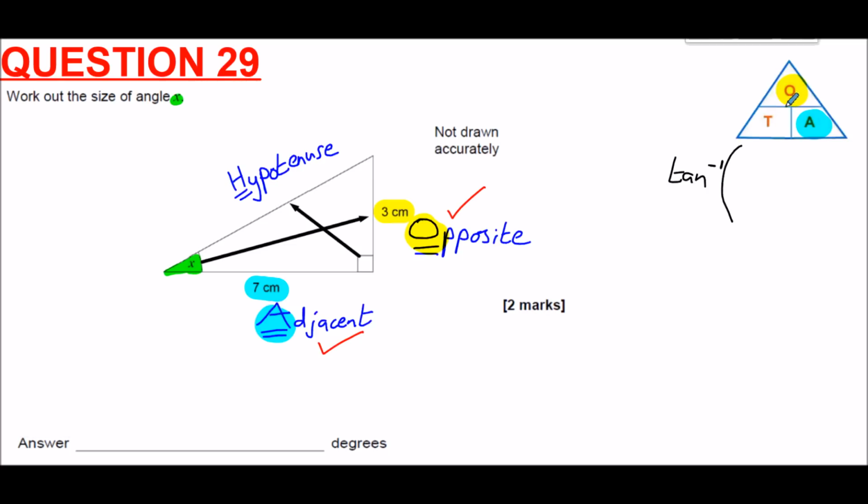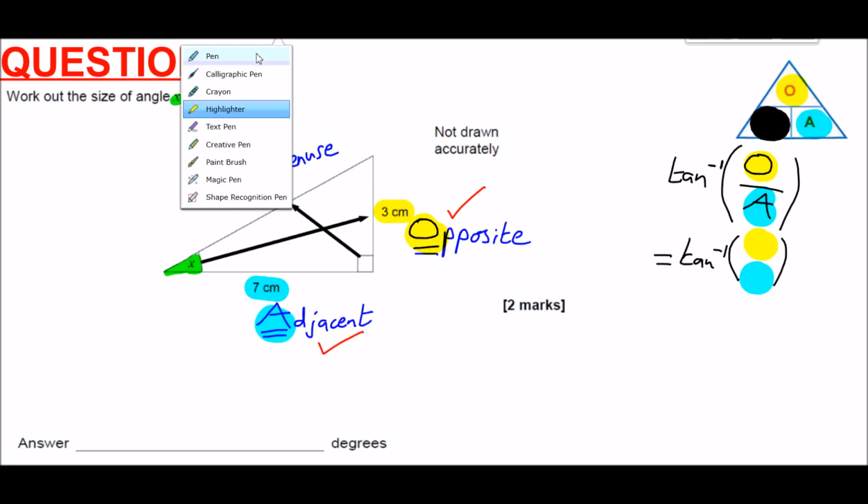Now on the top of the triangle, we cover up T, because we want to know the T. On the top is O. On the bottom of the triangle is A. And so we type it in the same order it appears in the magic TOA triangle. So the opposite goes on the top, because opposite's on the top of the triangle, and the adjacent goes on the bottom, because adjacent comes below O.